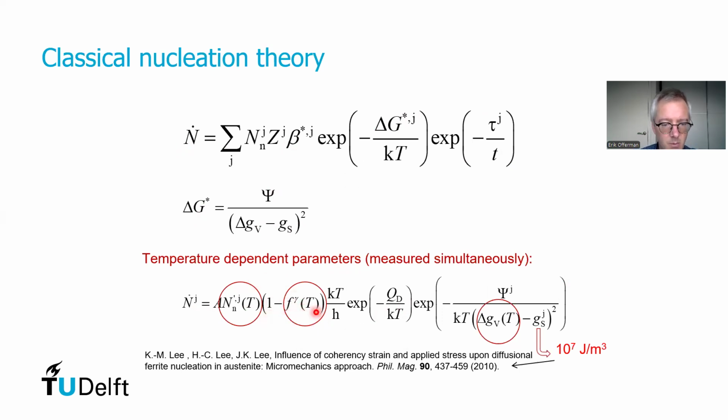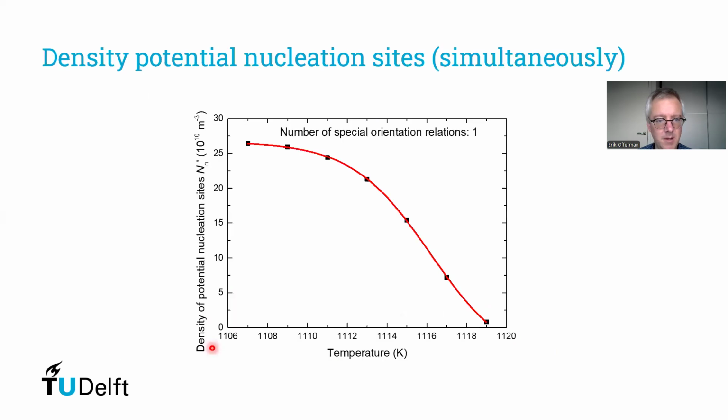So we also have the ferrite fraction in here, which depends on temperature. We have the density of potential nucleation sites, and we have the driving force for nucleation, which depends on temperature and can be obtained from thermo-mechanical calculations. And we have the strain energy, which we take from the paper of Lee. And we have one more prefactor alpha here in front.